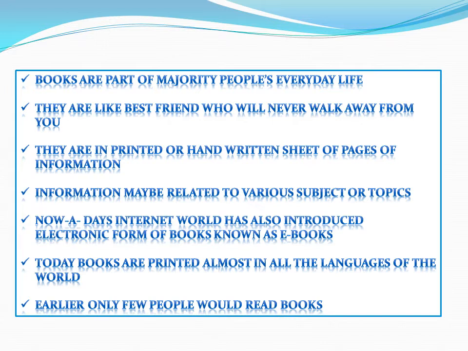Here are a few points which you can include in your composition. We are going to discuss them one by one. The first point is books are part of the majority of people's everyday life. Dear children, nowadays the majority of people like to read because the majority of our population is literate.